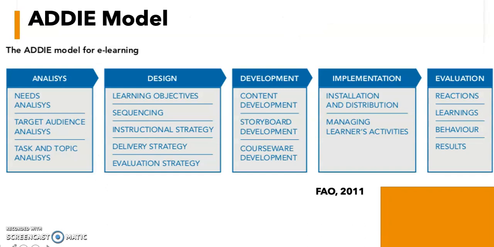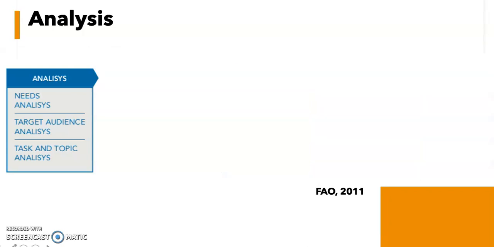So the next thing that I'd like to emphasize in this brief video is the Addie Model, which is a very helpful framework used in e-learning. So Addie stands for analysis, design, development, implementation, and evaluation. Let's talk about each of the processes one by one.